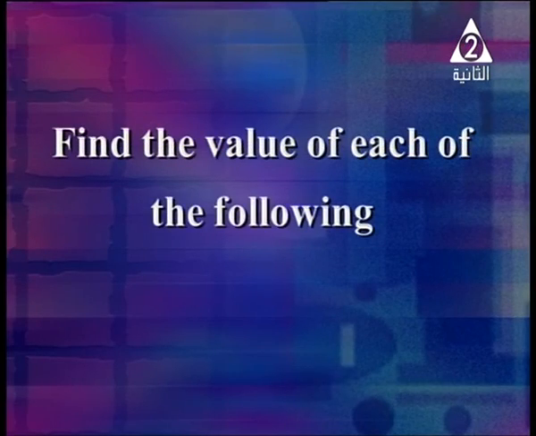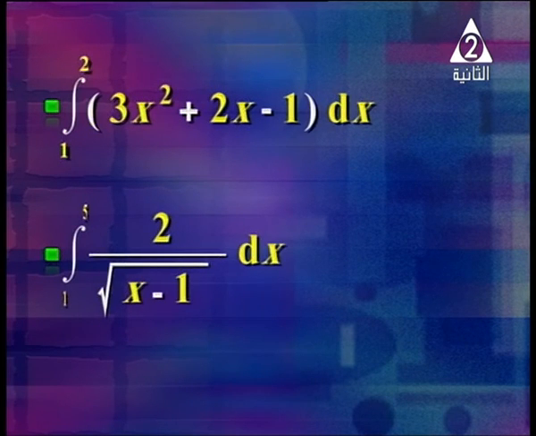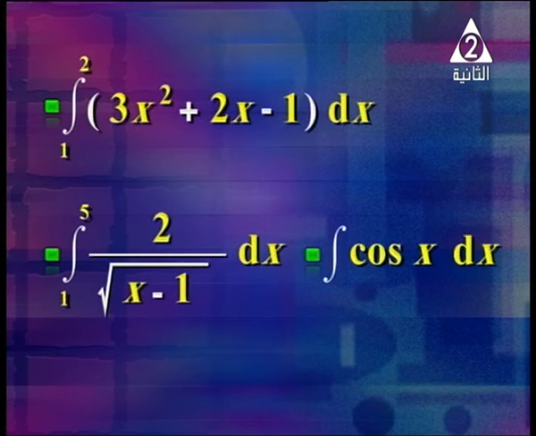Another example. Find the value of each of the following. One: the integration of 3x squared plus 2x minus 1 dx from 1 to 2. Two: the integration of 2 over the square root of x minus 1, dx, from 1 to 5. Three: the integration of cosine x dx from negative pi over 2 to pi over 2.